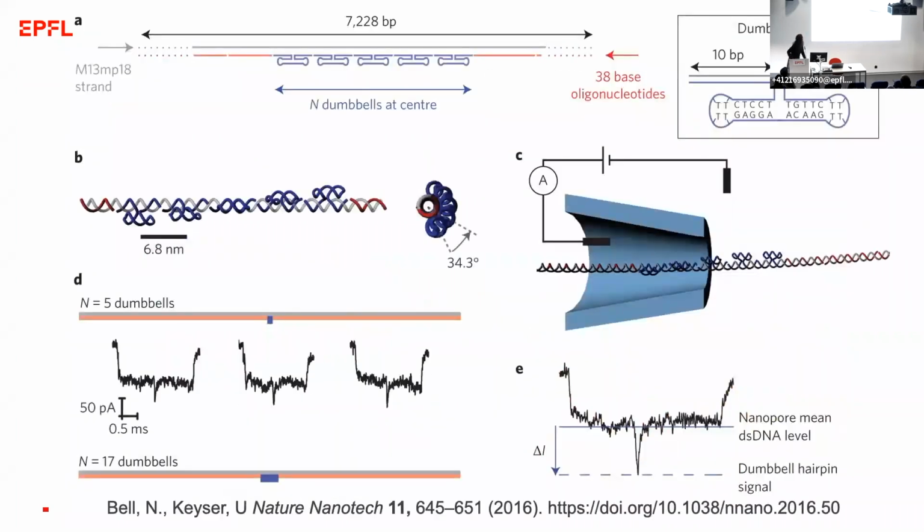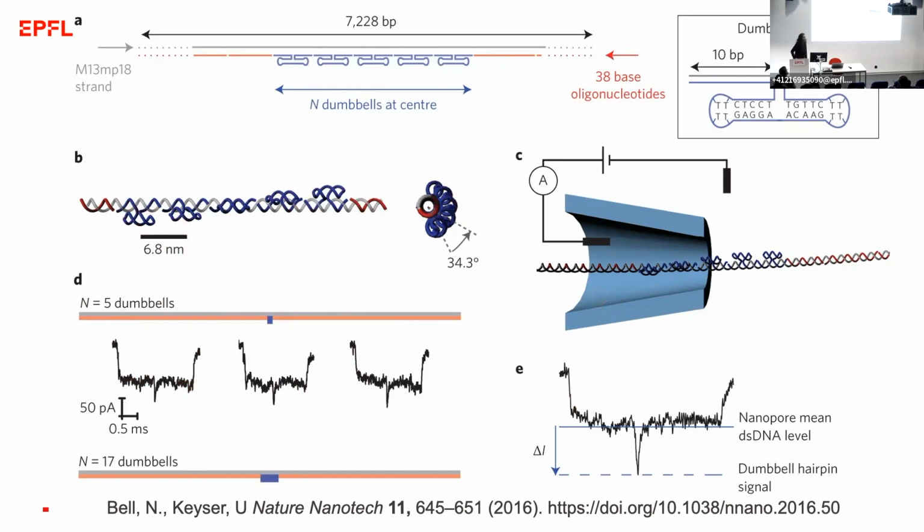These nanocapillaries have also been used to look at the signals from topologically structured 1D DNA origamis, such as these dumbbells. But as you can see, sometimes it is very difficult to distinguish the multiple wells that one has, and the signal-to-noise ratio is not that great.